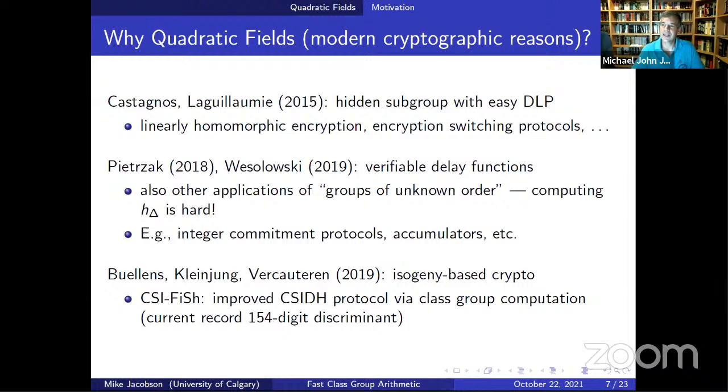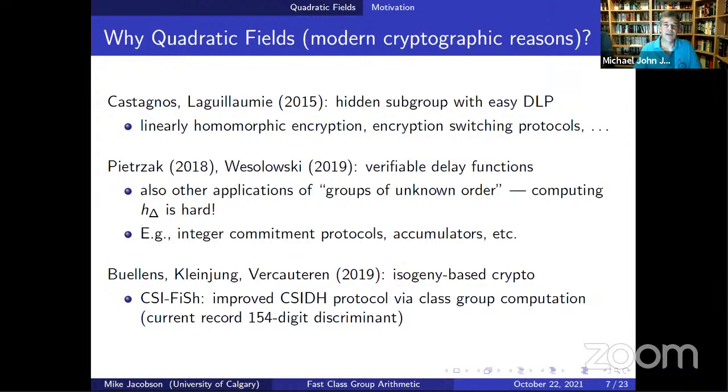So Castagnos and Laguillaumie in 2015 devised a really neat construction, which is a hidden subgroup with an easy discrete logarithm problem. This uses relationships between class groups of maximal and non-maximal orders in imaginary quadratic fields.